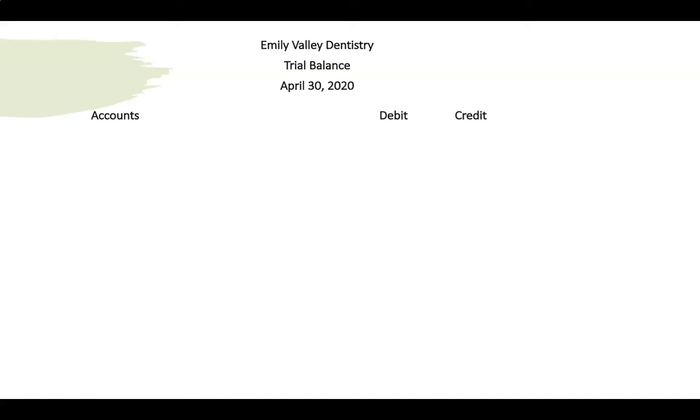So if we think back to that expanded accounting equation, that's your assets equals liabilities plus owner's capital minus owner's drawings plus revenues minus expenses. So we're going to list them in that order. And then our assets, which come first, right, have to be listed in what we call the order of liquidity.